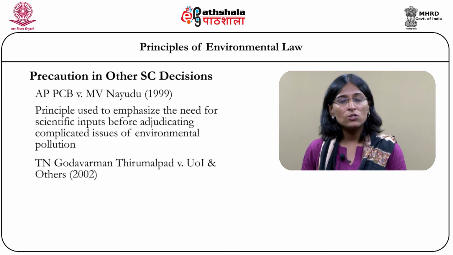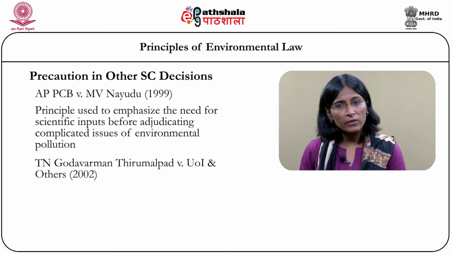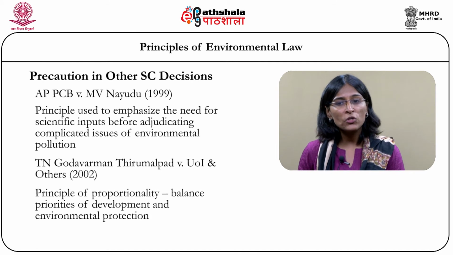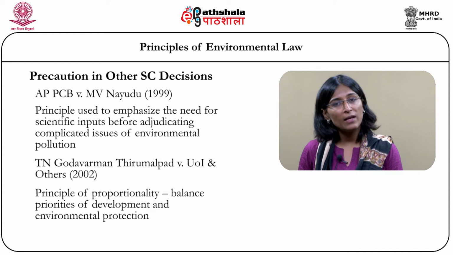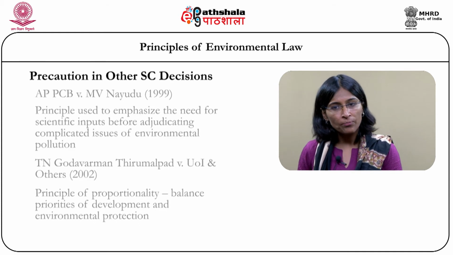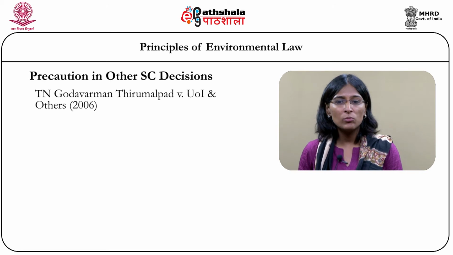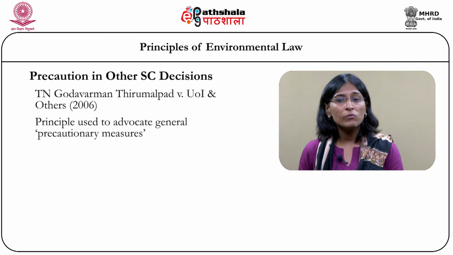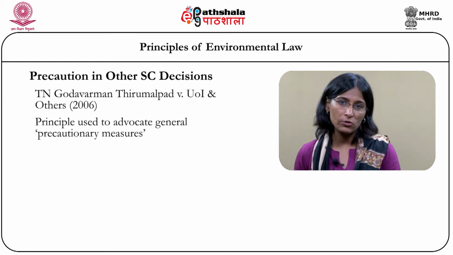In the 2002 decision in T.N. Godavarman Thirumulpad versus Union of India and others, the court referenced the principle of proportionality, which requires a balancing of priorities of development and environmental protection. And a 2006 decision in the T.N. Godavarman Thirumulpad versus Union of India and others case, where the principle was used to advocate general precautionary measures by the Supreme Court of India.